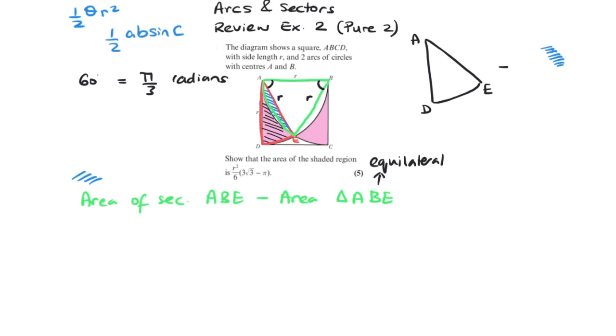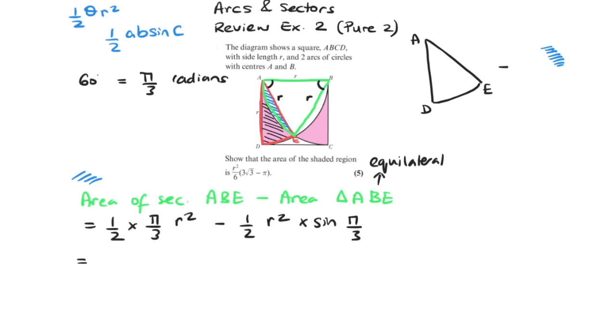So the area of the sector is going to be half theta, which is pi over 3, r squared, minus the area of the triangle, which is half r squared, as a and b are both equal, times sine of pi over 3.